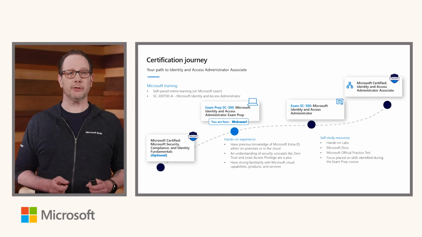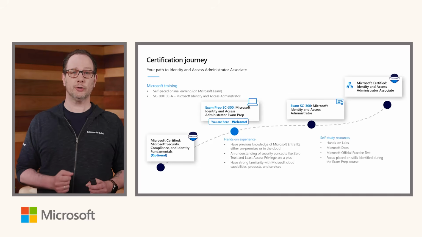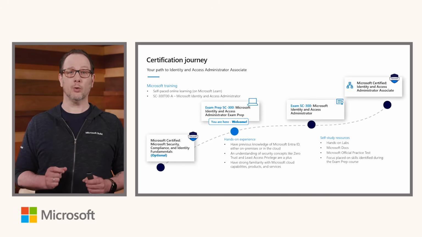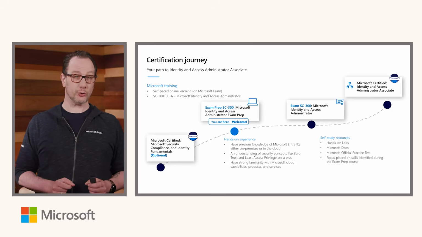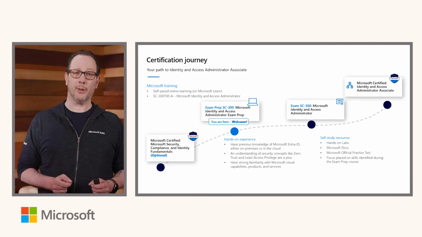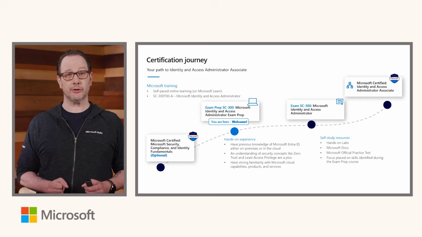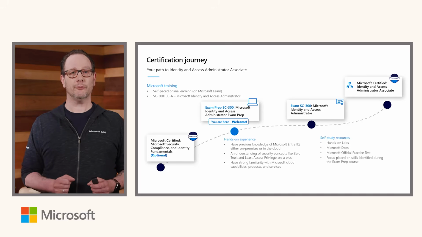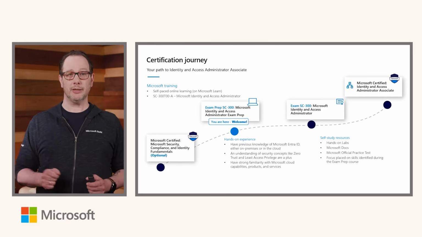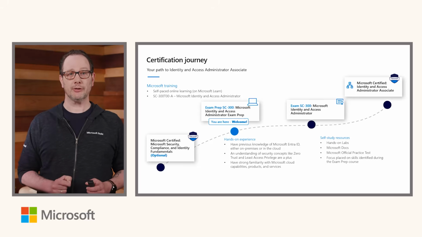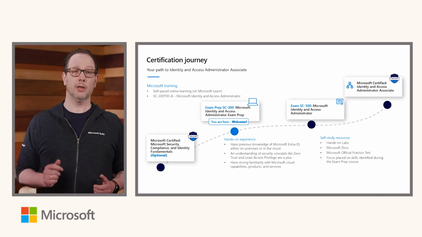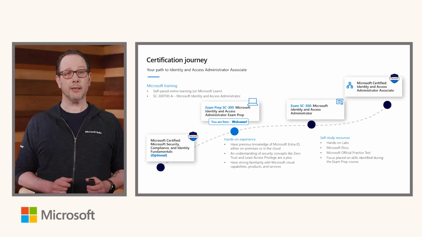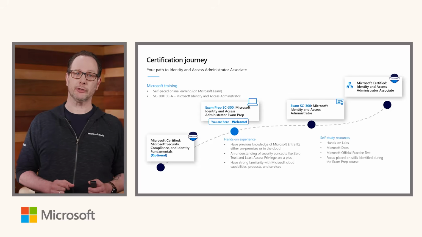This set of videos is meant to help prepare you to take the exam by covering what topics may be covered and what resources you can use to study. Your path through becoming an Identity and Access Administrator Associate involves several steps. This video series is your comprehensive guide to exam preparation, covering essential topics and providing valuable study resources.